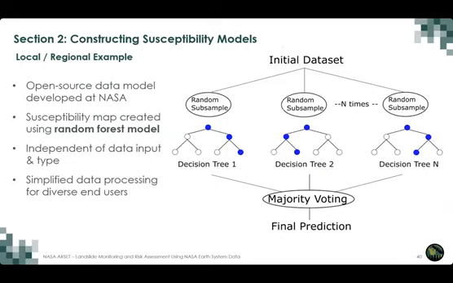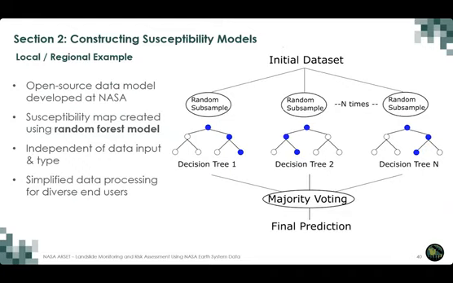A more local or regional example is another tool that we developed, again supported by the Disasters Program, to build a small localized assessment of landslide susceptibility. This model uses a random forest approach, which essentially uses a number of decision trees.